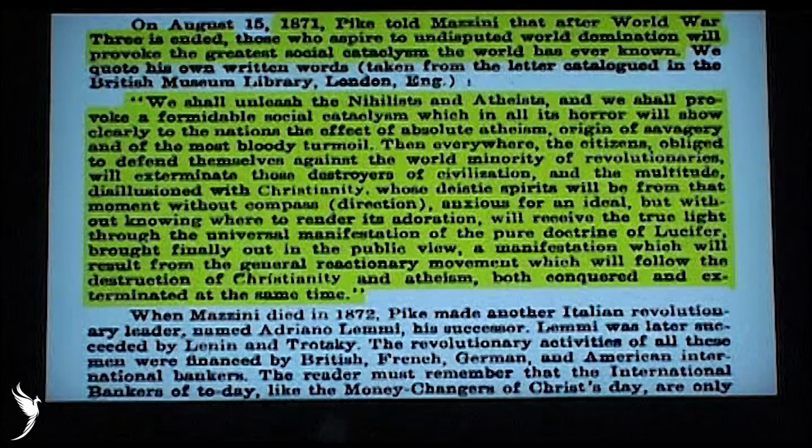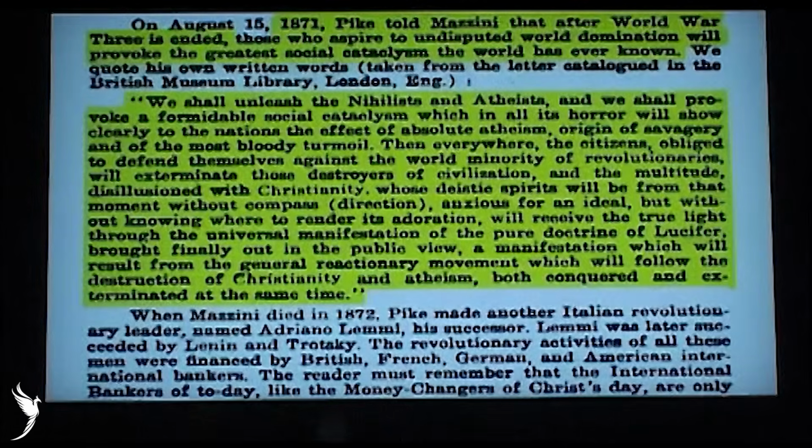We shall unleash the nihilist and the atheist, and we shall provoke a formidable social cataclysm, which in all of its horror will show clearly to the nations the effect of absolute atheism, the origins of savagery, and of the most bloody turmoil.